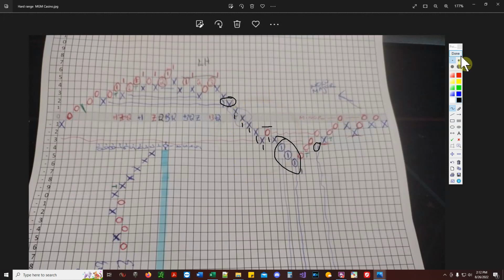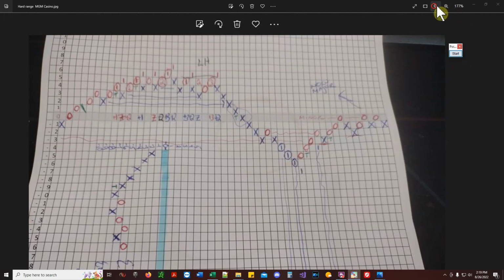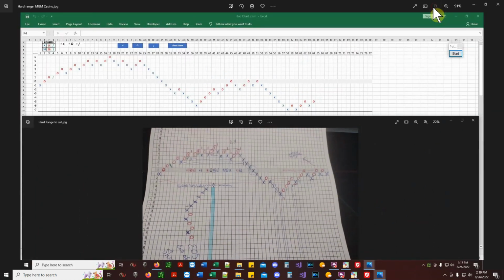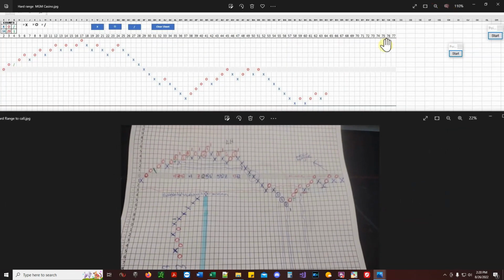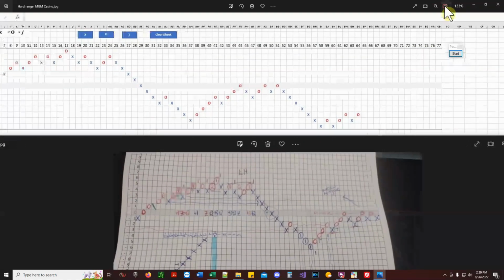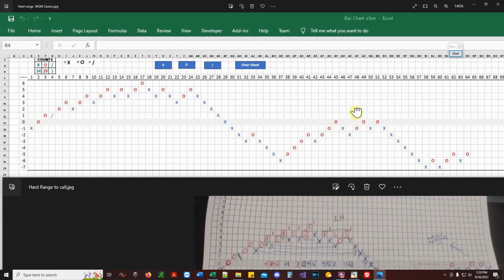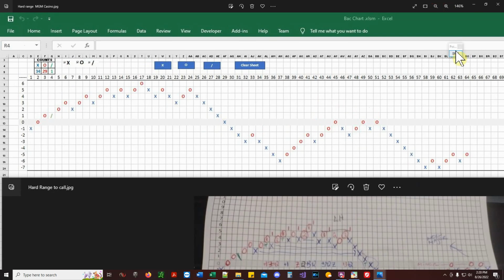Let's go to the real chart. See how it looks on the real chart. It looks so much cleaner, so much better. This is the range that gave me a hard way to go.